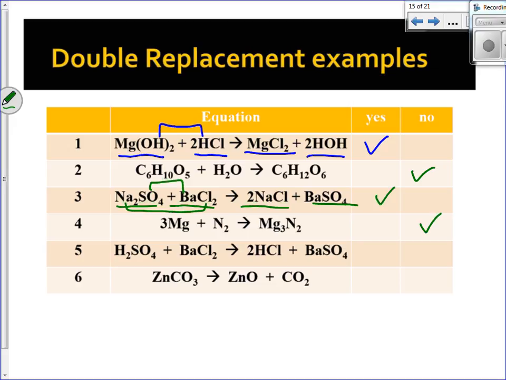No, because number 4 is synthesis. Good. How about number 5? Yes, we have compound, compound, compound, compound. Do they switch places? Yes, you see that. How about number 6? No, number 6 is a type of decomposition. Very good.